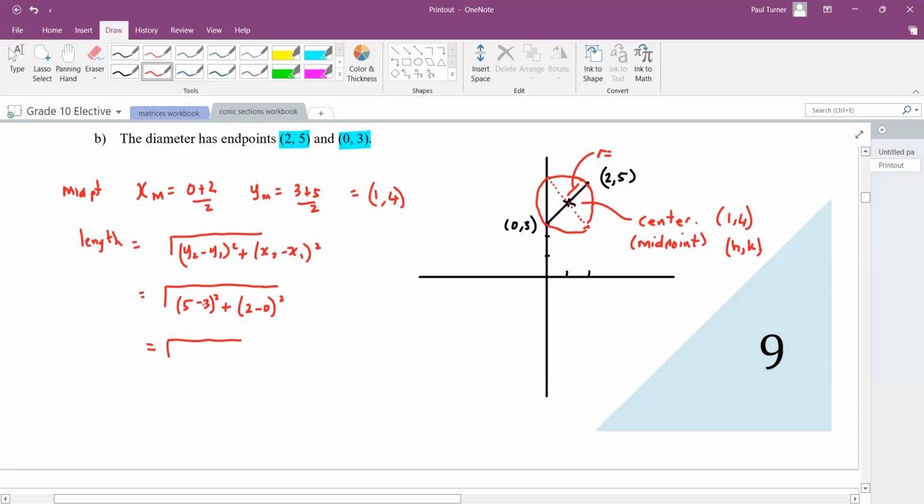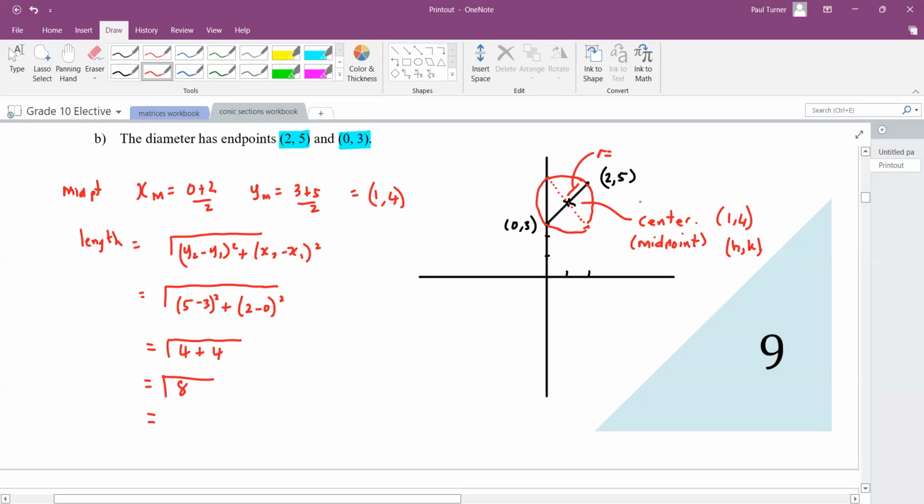So 5 minus 3 is 2, 2 squared is 4. 2 squared is 4. Let's keep going. So you're going to get 4 plus 4, which is 8, and we can leave it as 8 there.